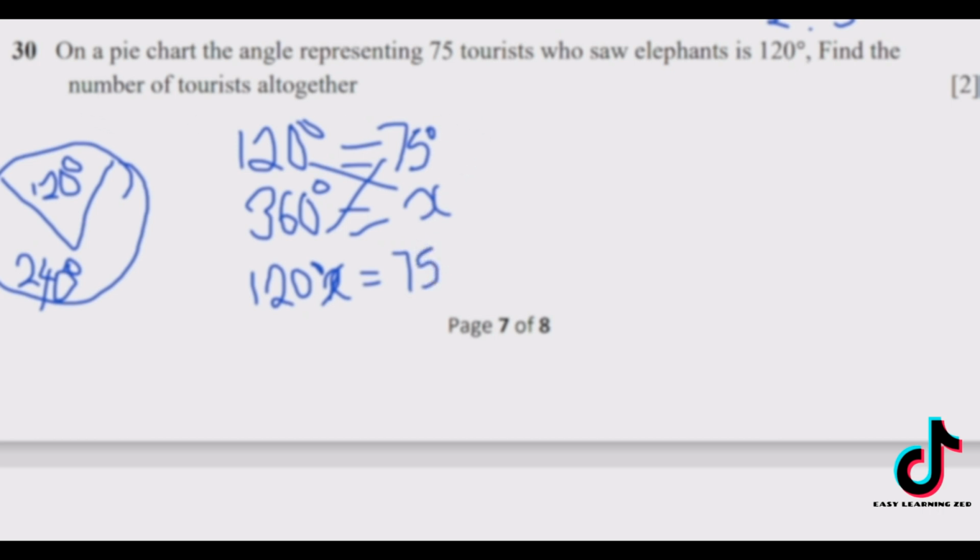And why did I put degrees here? It's tourists, not degrees. 75 tourists times 360 degrees.